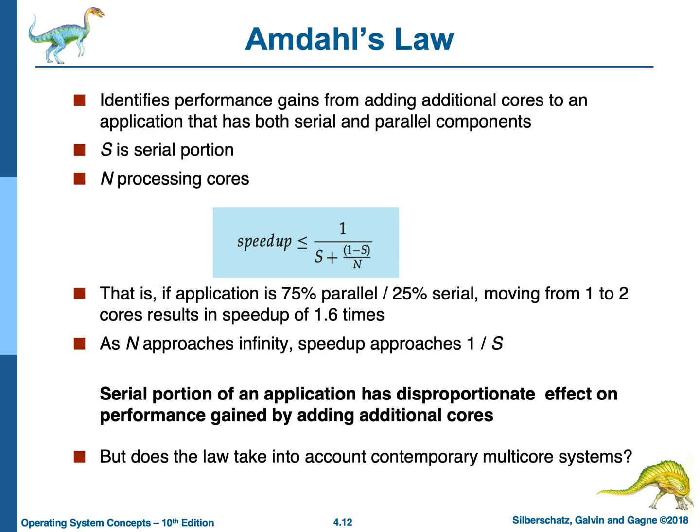Now, how many cores maximum do you need to get the optimum efficiency? So there's Amdahl's law which is very helpful to illustrate this concept.